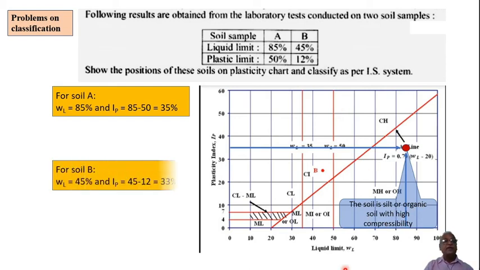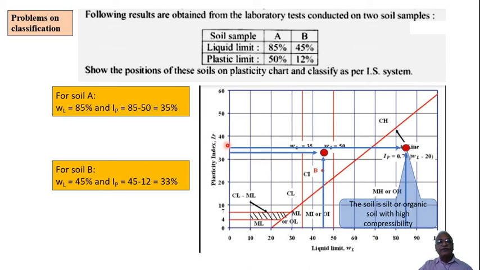Now we shall take soil B. It is given 45 and 12, so WL is 45. 45 means it comes between 35 and 50. IP is 33. Now if I have to plot, the point will be somewhere there.